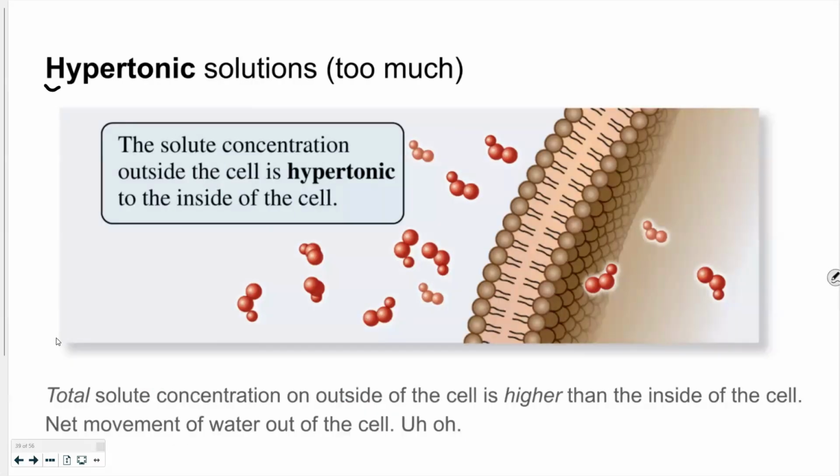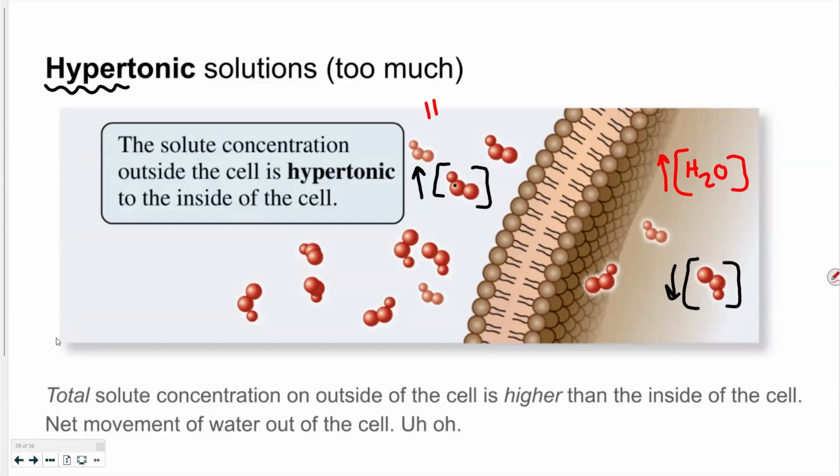In our hypertonic solution, the concentration of our solutes is greater on the outside of the cell compared to the inside of the cell, which means that our concentration of water molecules is going to be higher inside of the cell compared to outside of the cell.